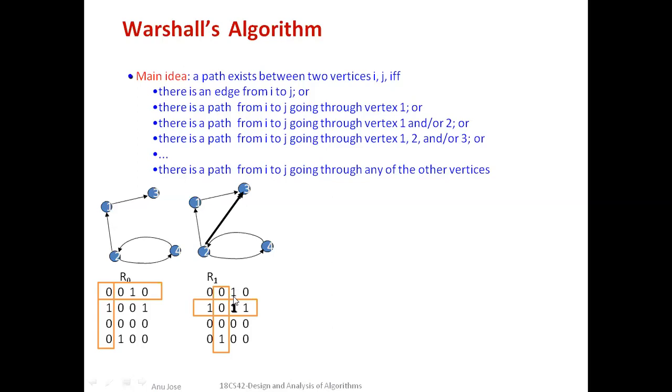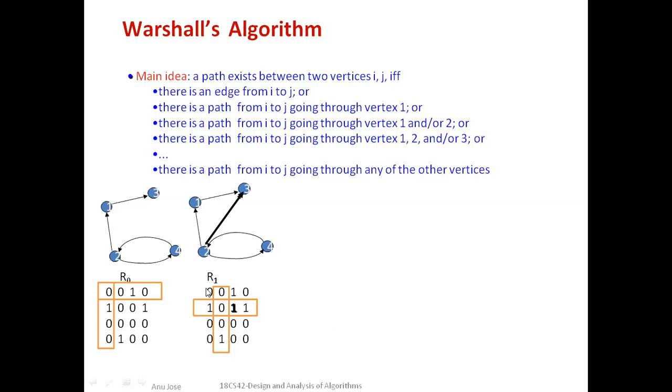Here only one 1 is present at this location, remaining all are zeros. So that one will be copied directly along with this column and row. And for the other zeros, I should check whether it is 0 or 1 based on the logical AND operation.